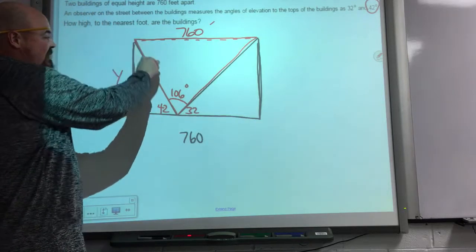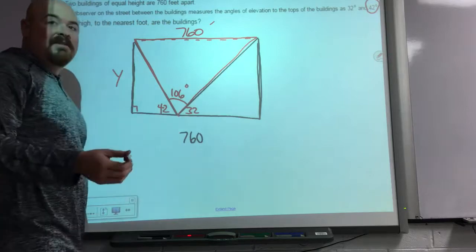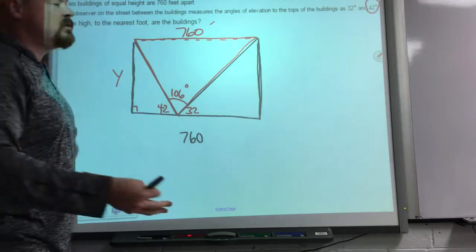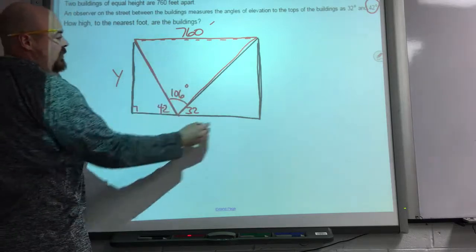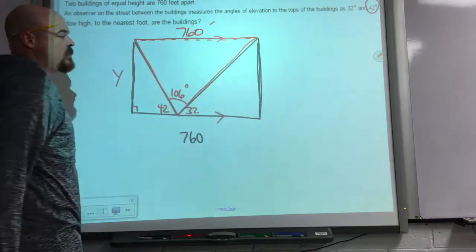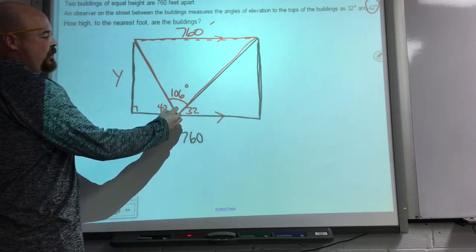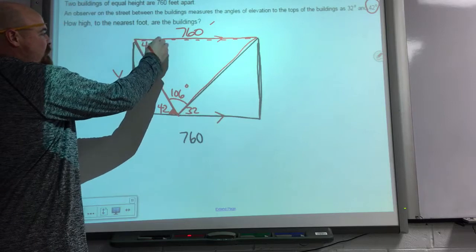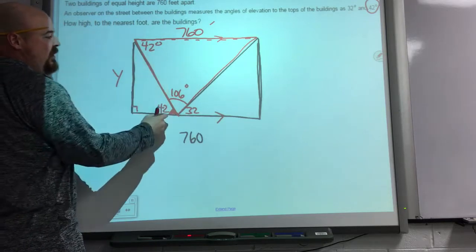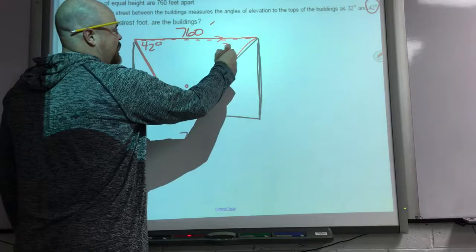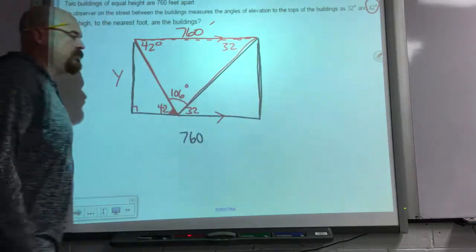Which means this side acts as a transversal for these two parallel lines. So if this is a 42 degree angle, this is a 42 degree angle. They're alternate interior angles. Similarly over here, if this is 32, then this is 32.